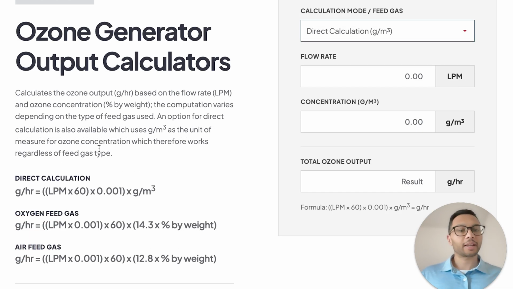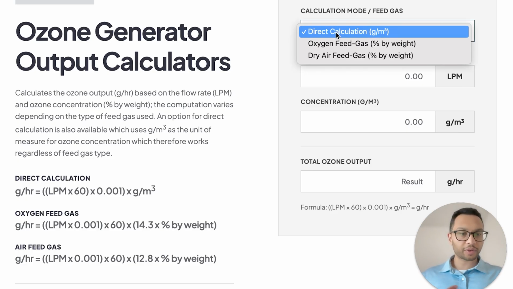Let's look at our second calculator. So it's the ozone generator output calculator. This basically measures the ozone output based on the flow rate and concentration of your ozone generator. One thing that we need to make sure of is whether this is an oxygen stream or a dry air stream. So this is high concentration ozone or high concentration oxygen and lower concentration of oxygen.